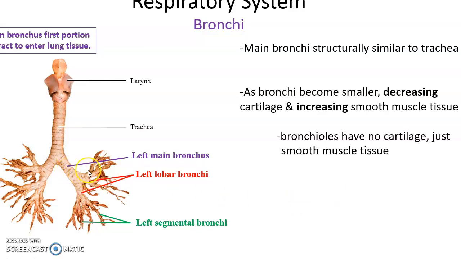However, as the bronchi branch and become smaller and smaller, the amount of cartilage decreases and the amount of smooth muscle tissue in the bronchi increases, until eventually you get to the microscopic bronchioles. In these structures, there is no cartilage. They are held open by the function of the smooth muscle tissue. So the bronchioles, those microscopic structures, have no cartilage.